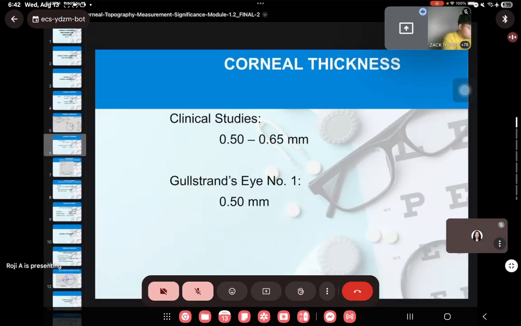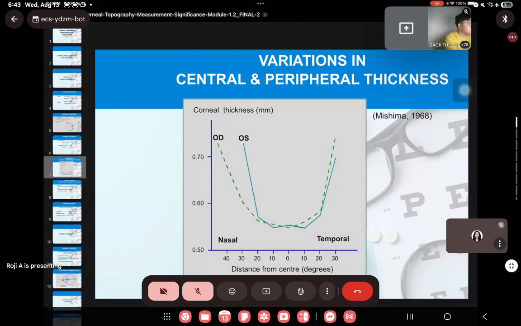Now, corneal thickness, according to clinical studies, is about 0.5 to 0.65 millimeters. The Gullstrand, of course, is about 0.50 millimeters. So if you are to analyze the variation of the central and peripheral thickness, where is it thicker?